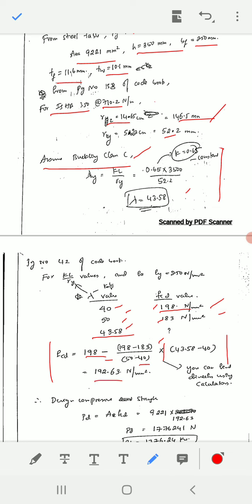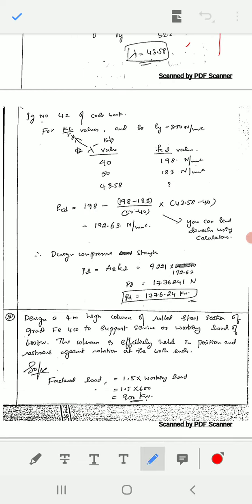Or else you can calculate directly using the calculator with the stat option. I think most of the students are aware of the stat option. If you are not aware, you can contact me, I'll help you. If this formula is okay for you, then you can go with that. Otherwise you can calculate directly using the calculator. So finally FCD we got is 192.63.